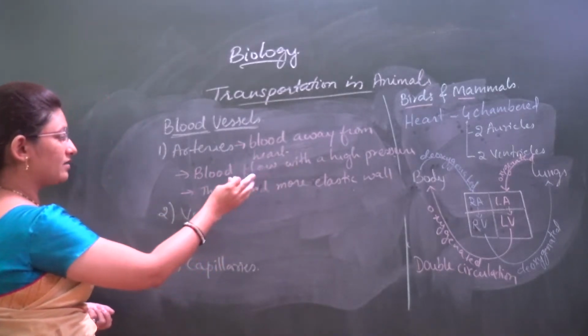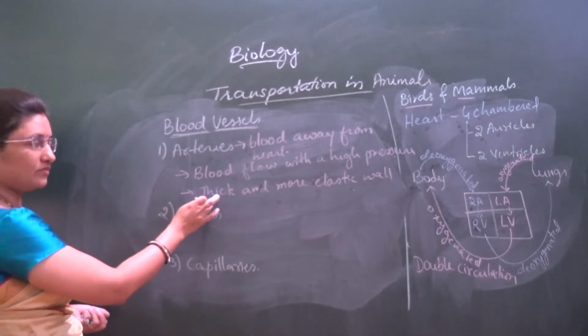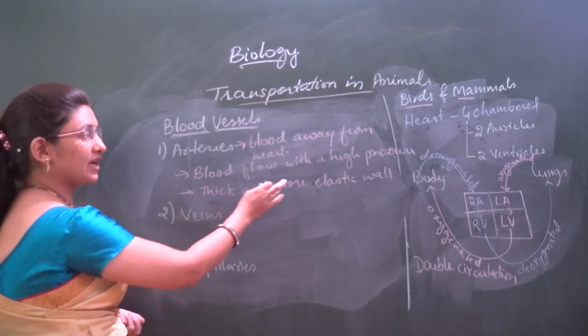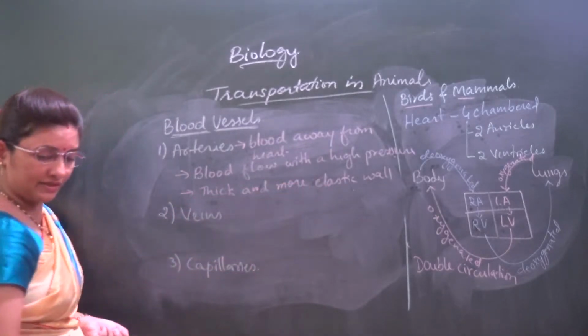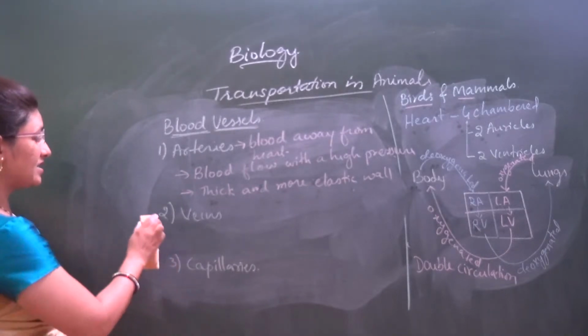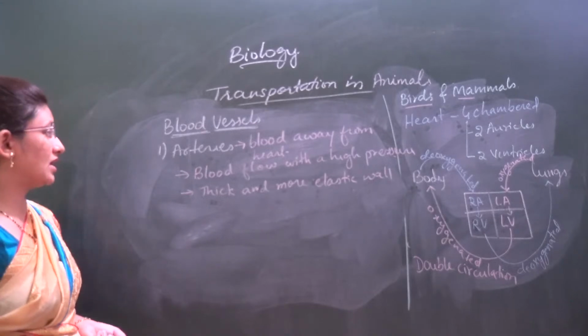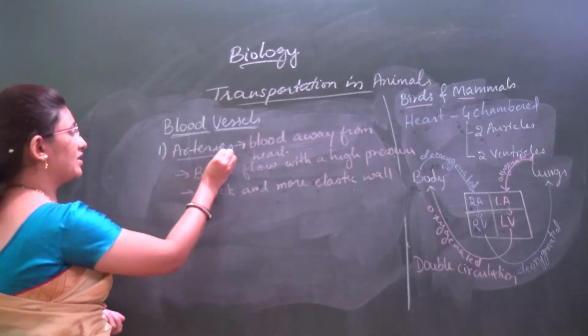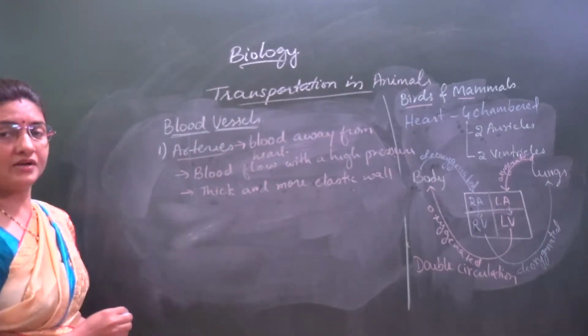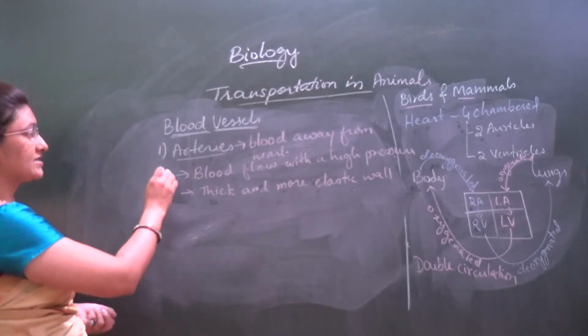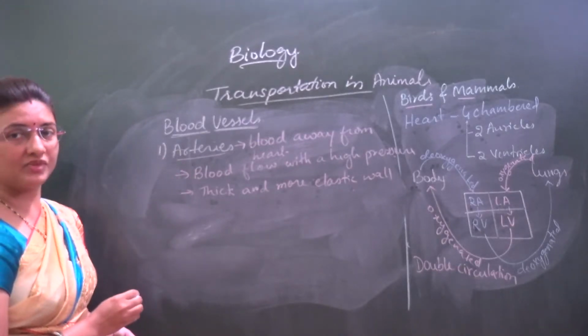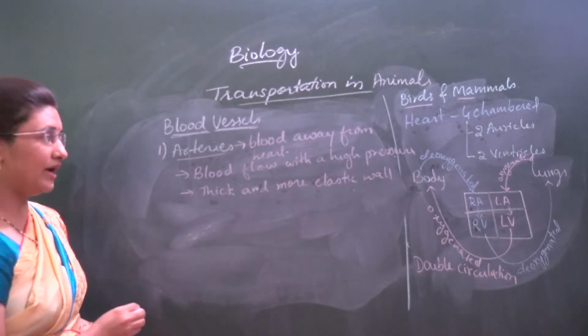The exception: arteries always carry oxygenated blood, but the pulmonary artery is the exception, wherein it carries deoxygenated blood.